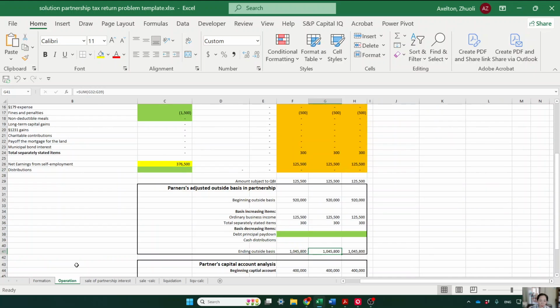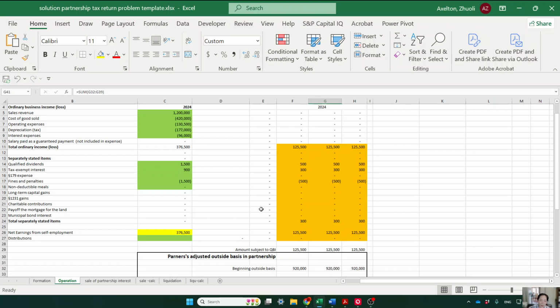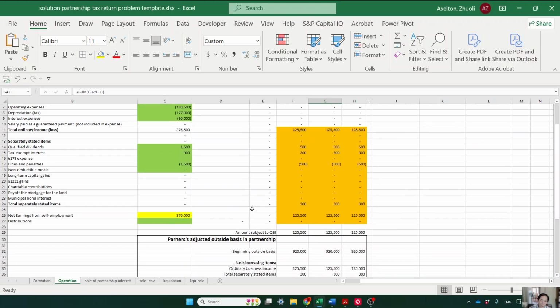Okay, so once the formation is done, we're going to take a look at the operation. And the reason why we want to start with the formation is because the formation will help us identify the initial outside tax basis.